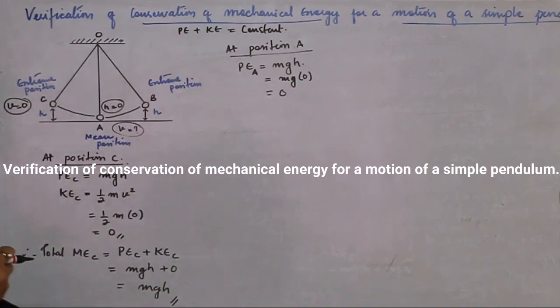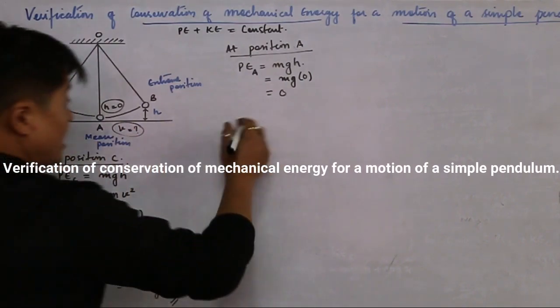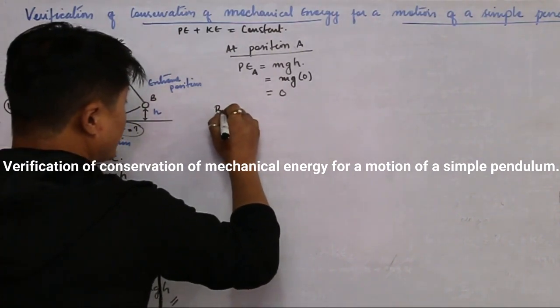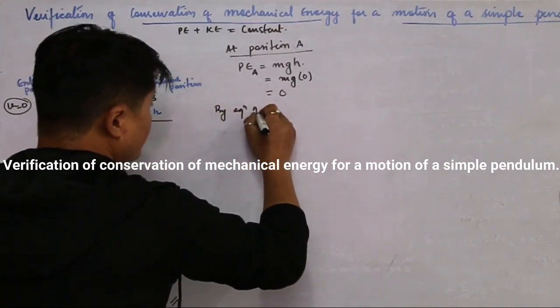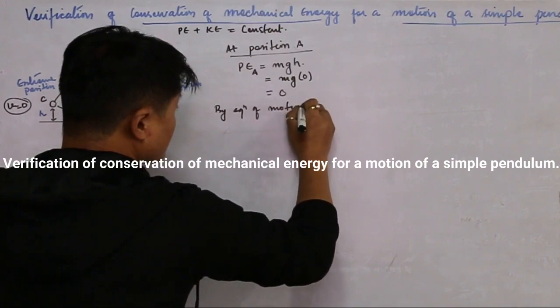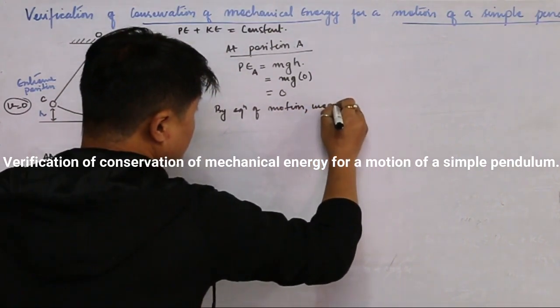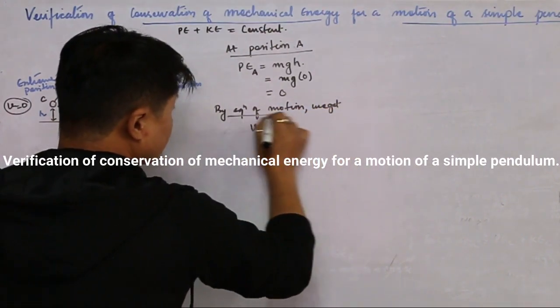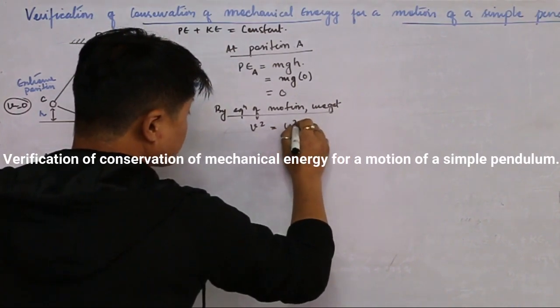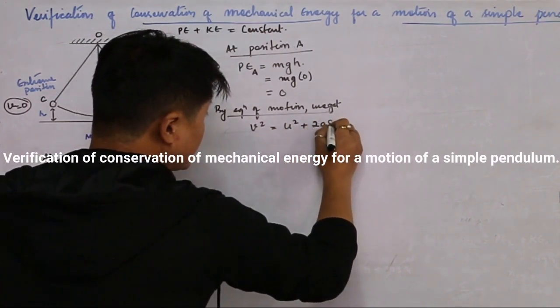To find the velocity for the moving body, we have to use the equation of motion. By the equation of motion, we get v square is equal to u square plus 2as.